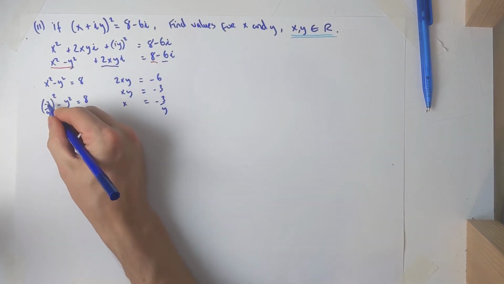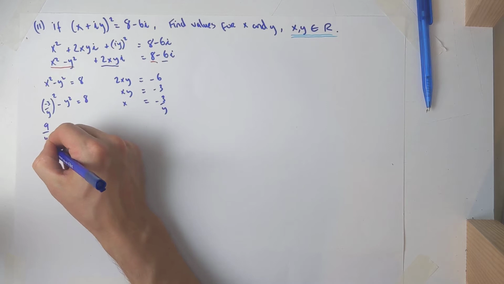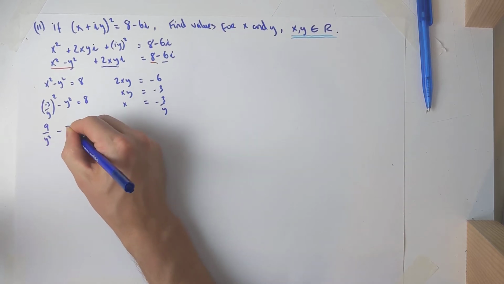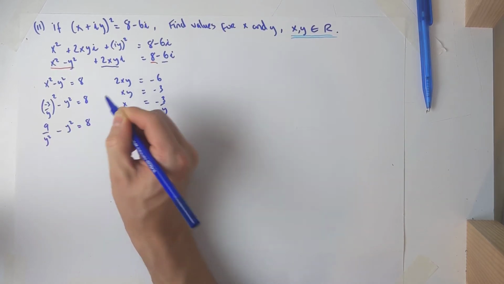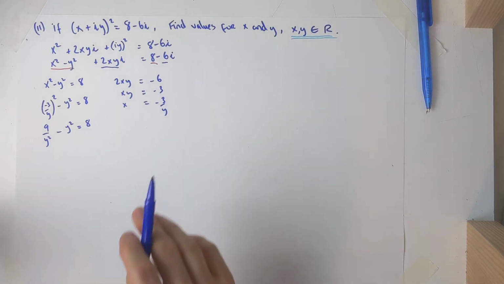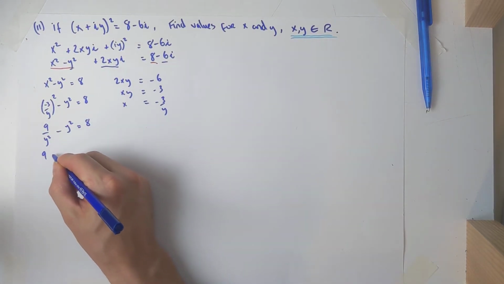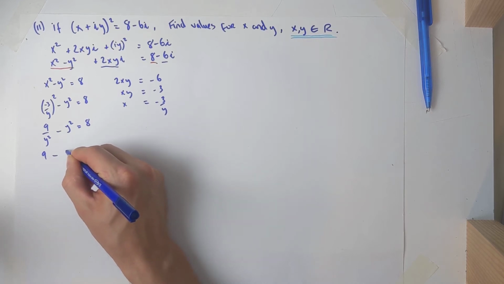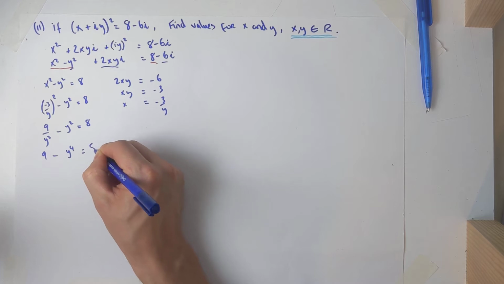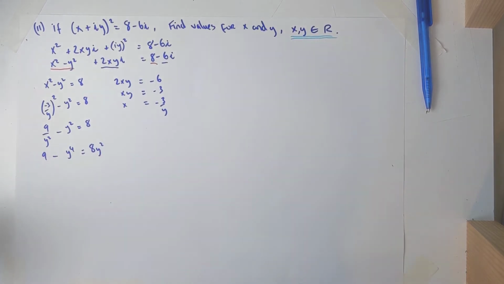Square that off, you're getting 9 over y squared minus y squared is equal to 8. Multiply everything by y squared. You're getting 9 minus y to the power of 4 is equal to 8y squared.